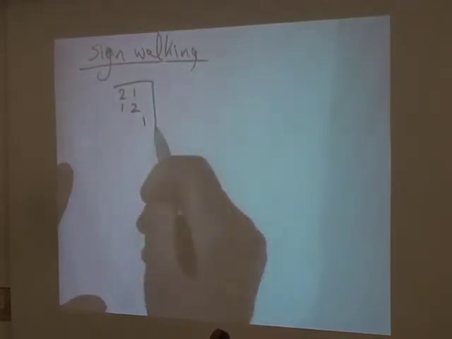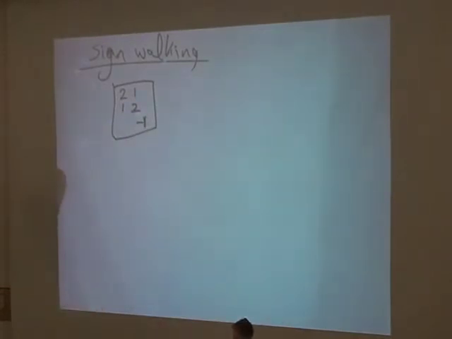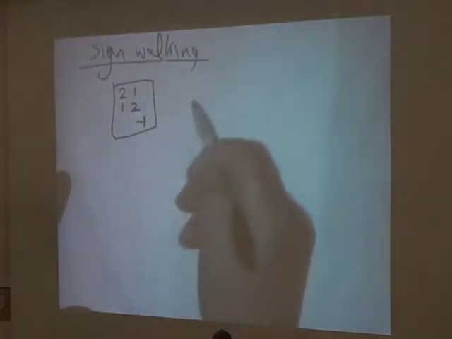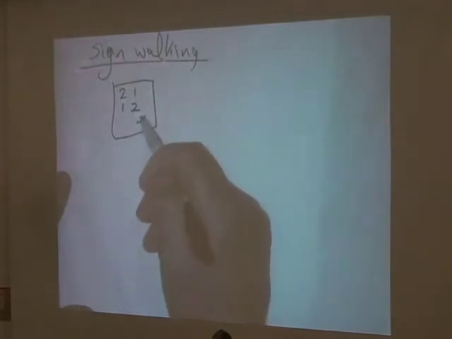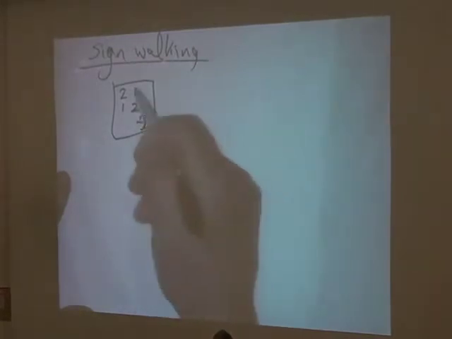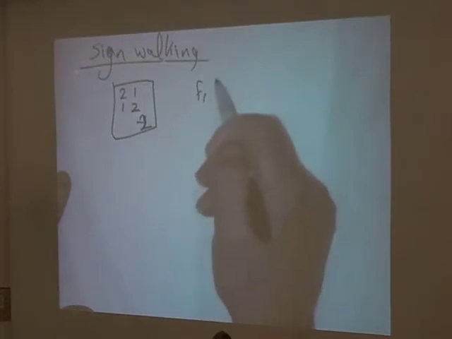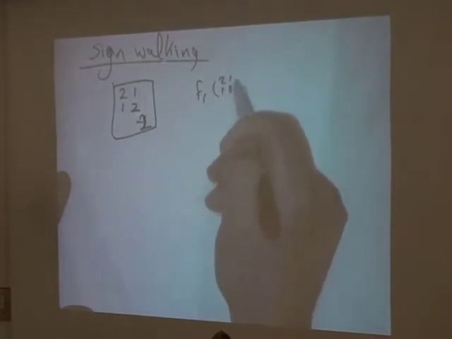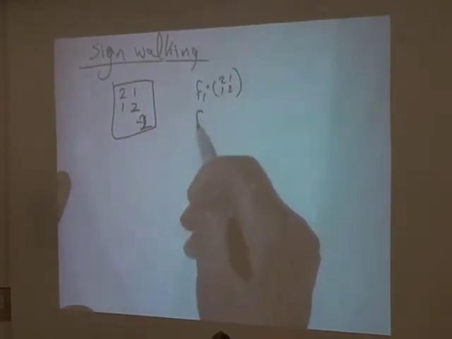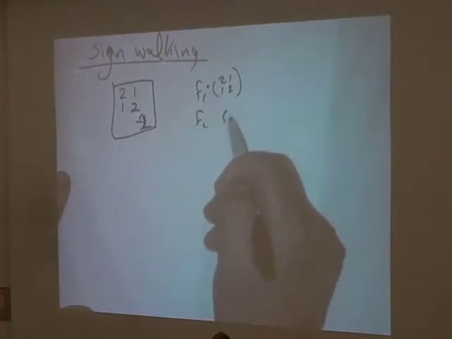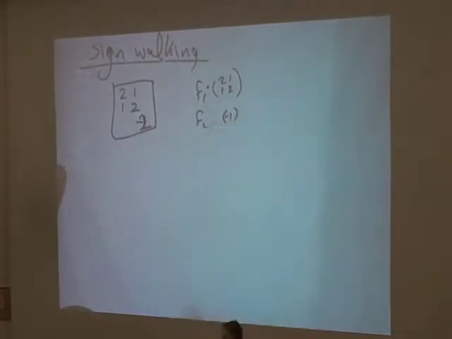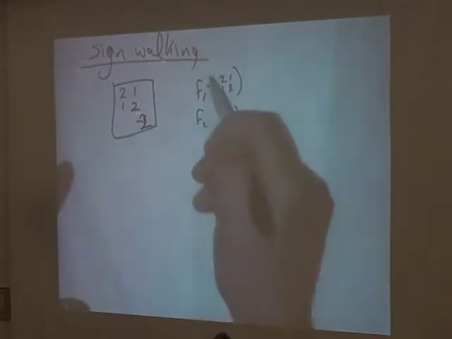I'm sorry, no, let this be -1. That's a bit better. So it's not a very good example. So, -2. So this is F1. It's 2, 1, 1, 2. And F2 is 1, -1, because we take the factor of 2 out.